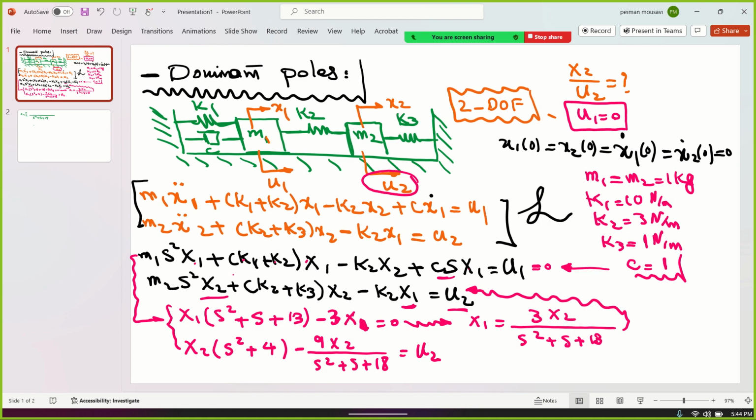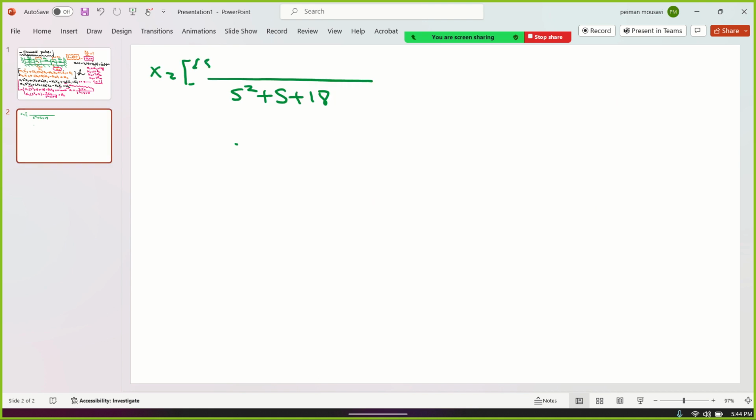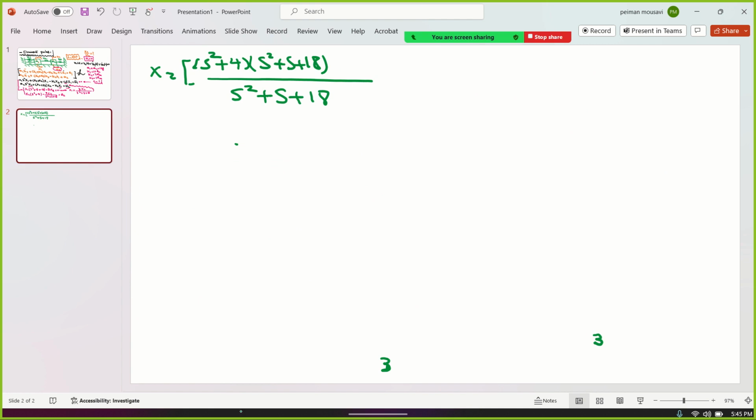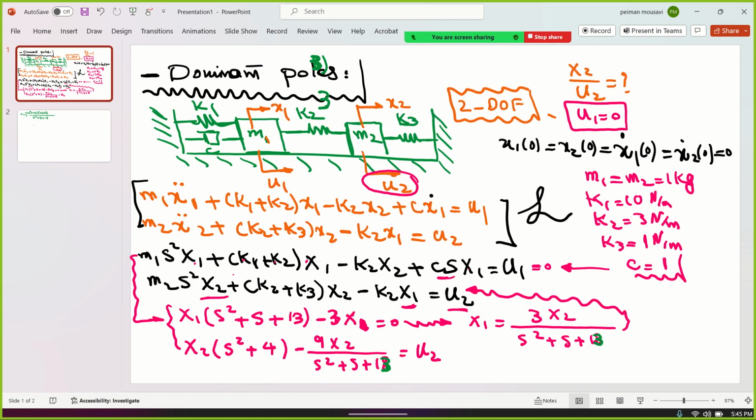And now this is multiplied by s squared plus 4, and s squared plus s plus 18. This is 18, that's right, hopefully. Oh, 13, why did I write 18? Guys, please correct me. Oh, because of this, it's written as 3. This is 3. What's wrong with this? Okay, good.